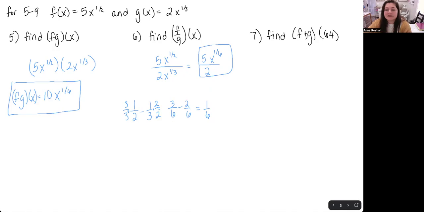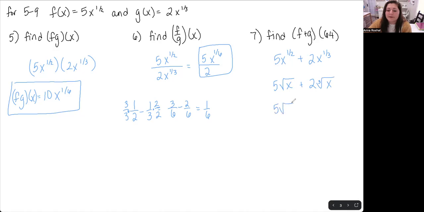In here, we're asked not just to find the sum of the two functions, but to replace the x with 64. So when I take the sum, I'm just going to take 5x to the 1/2 plus 2x to the 1/3. I can say 5 square root of x plus 2 cube root of x.